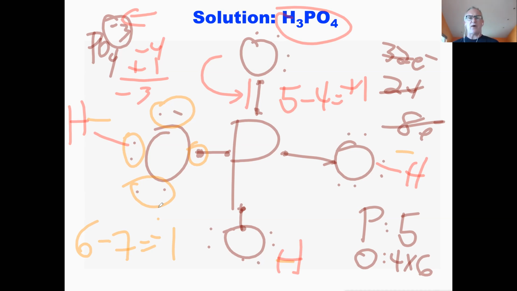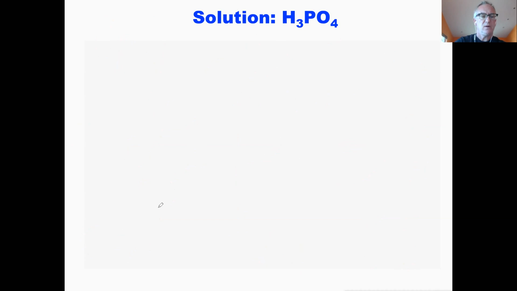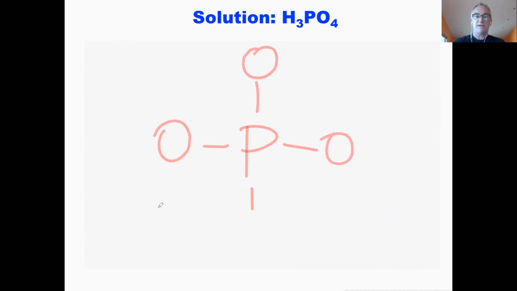But one of the things I've been mentioning over and over is that nature loves symmetry. What's been found just in the last couple of years by scientists trying to figure out what the structure of a phosphate ion actually is, is that this is the actual structure of phosphate ion.